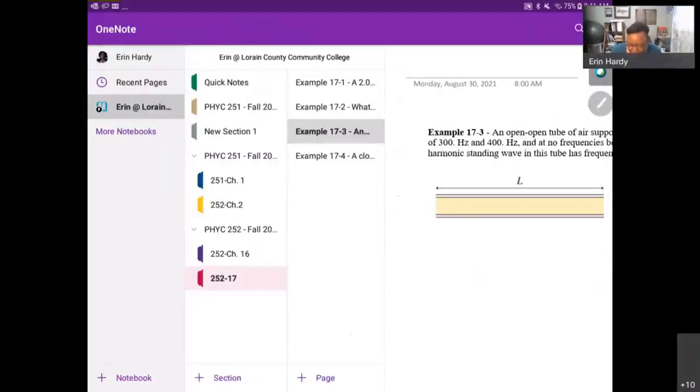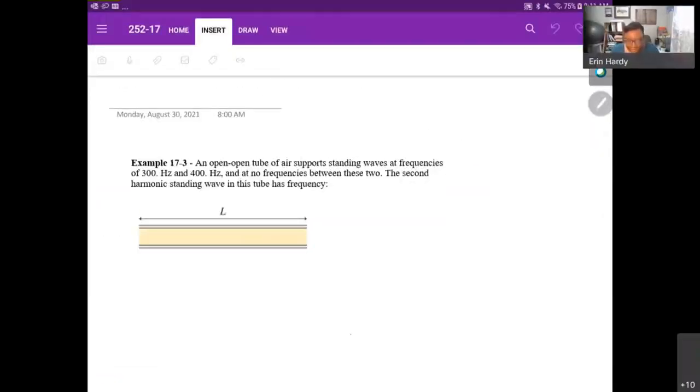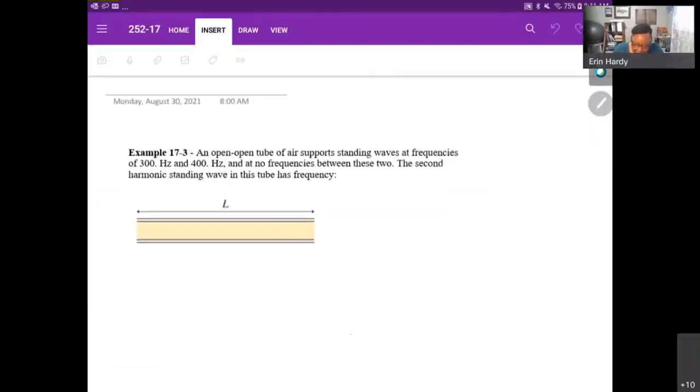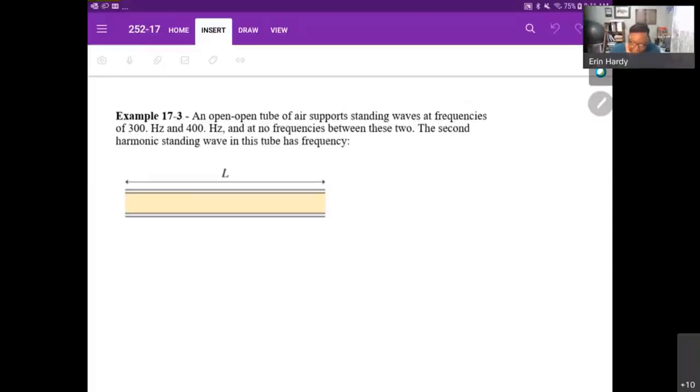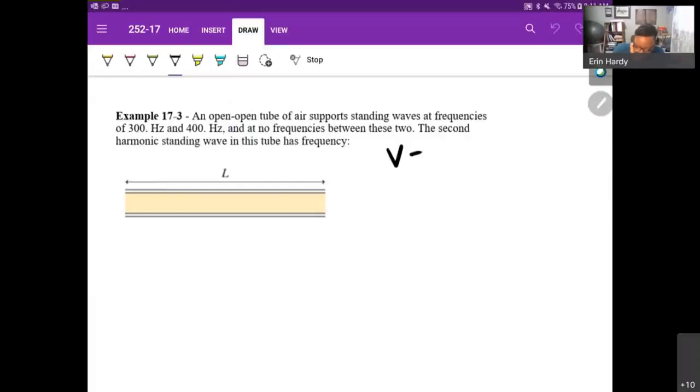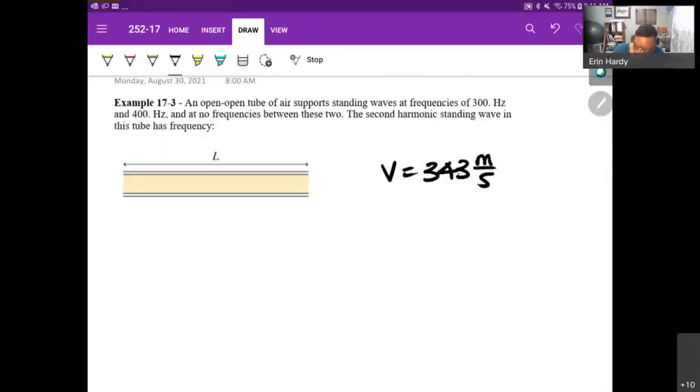So 17.3 is where we need to pick up. We have an open tube. There's no information about the temperature of the air. In that scenario, it's always safe to assume that we're talking about room temperature air, so that v would be 343 meters per second.